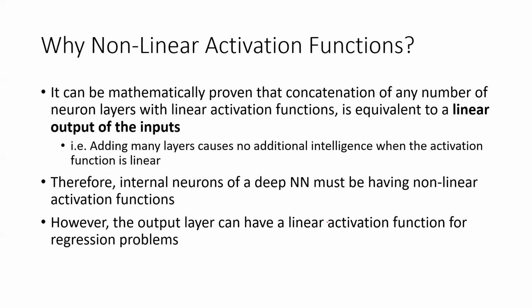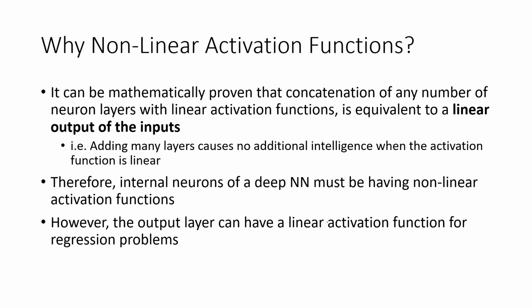So, why are we always using an activation function in all the neurons in the neural network? Can't we simply ignore the activation function and use the linear combination only? That means use the Z value as the activation value. Is that okay?